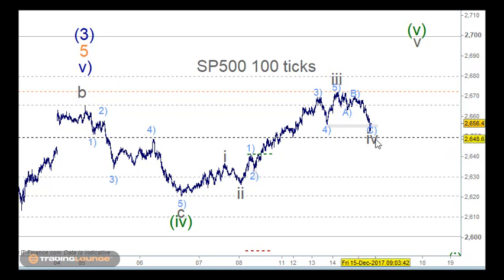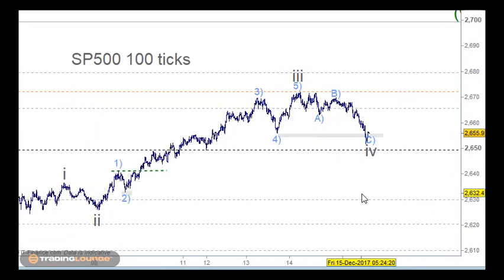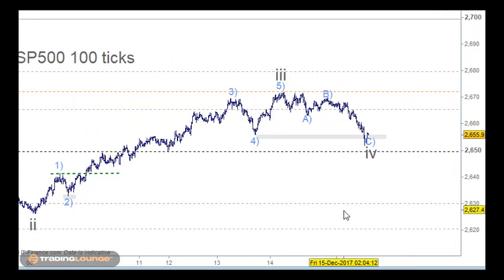If this moves up from here, let's just say the closest largest number in this case will be the 2660, the next number up. If that becomes a nice support, then you can trade long from that point and then move up into new highs here.